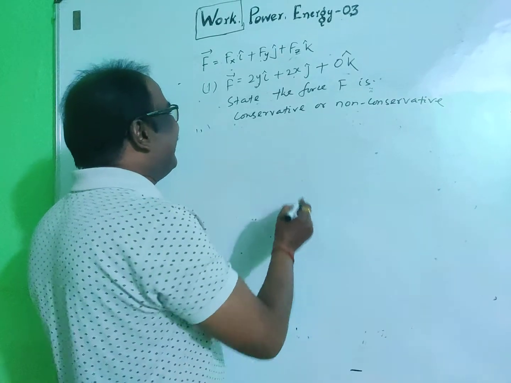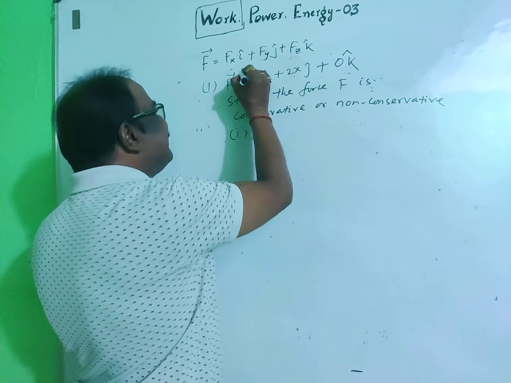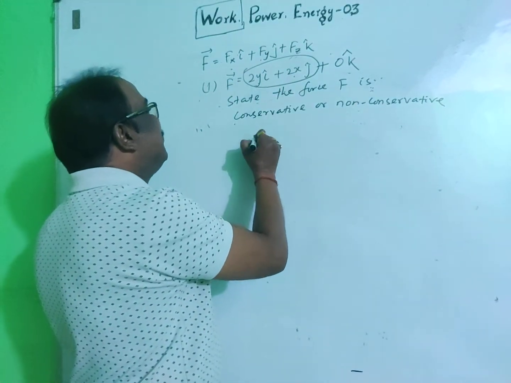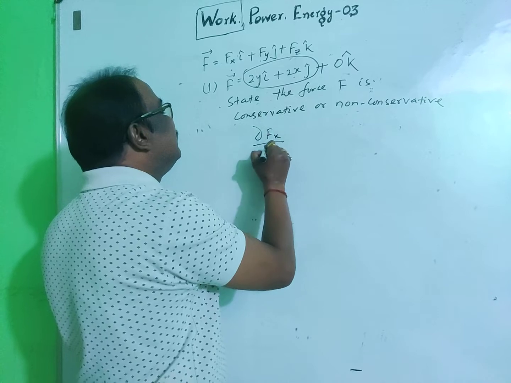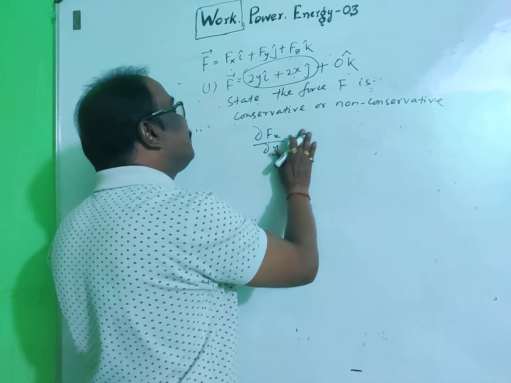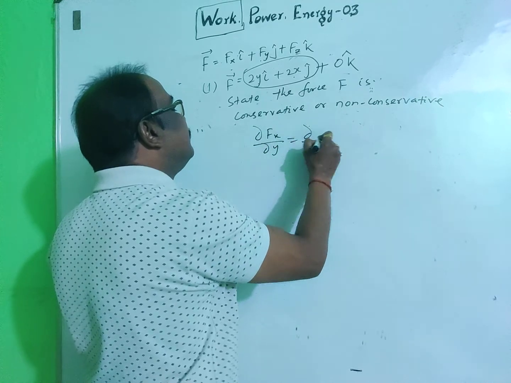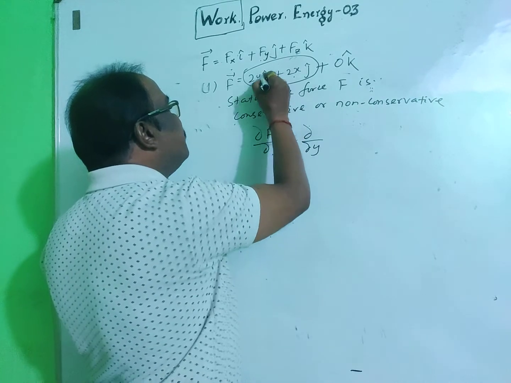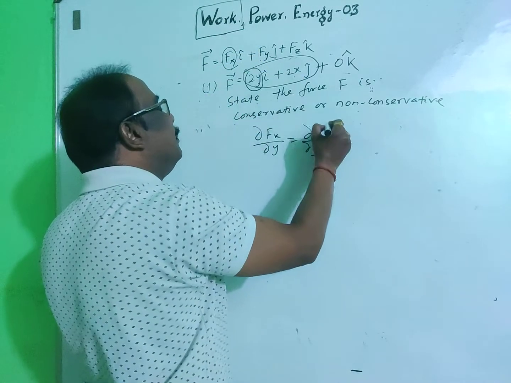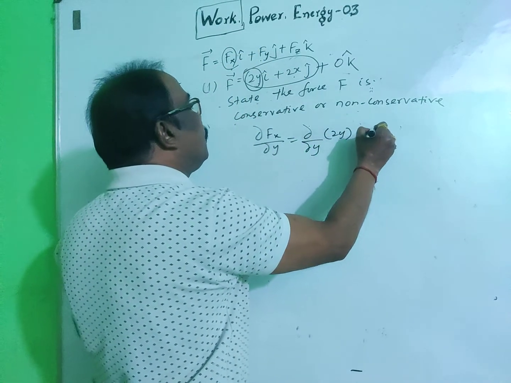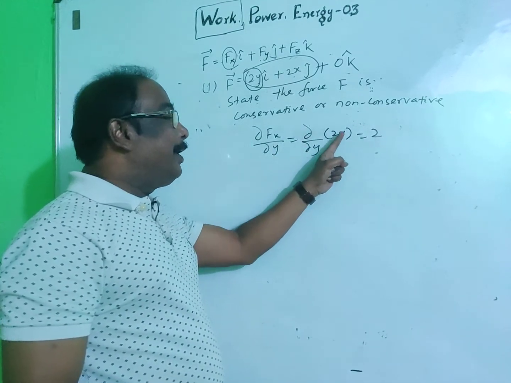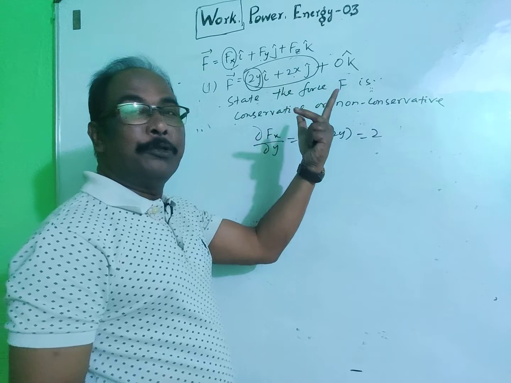Then we have only the condition on the x axis and y axis to prove. Let's find dFx by dy, which is d by dy of Fx, the component of force along x axis, which is 2y. 2 is constant, bring it outside, d by dy of y is 1, so the result is 2.